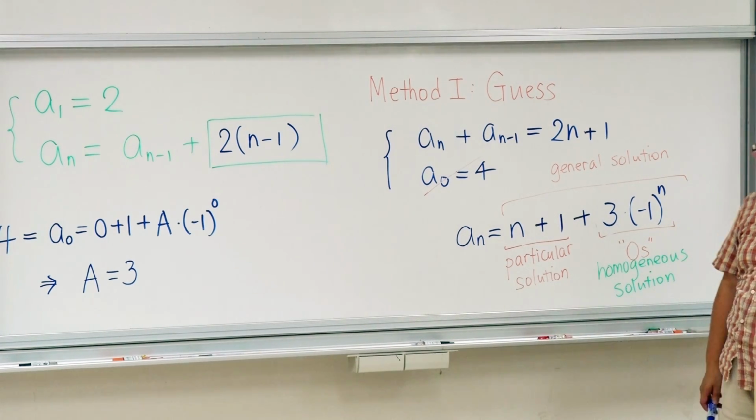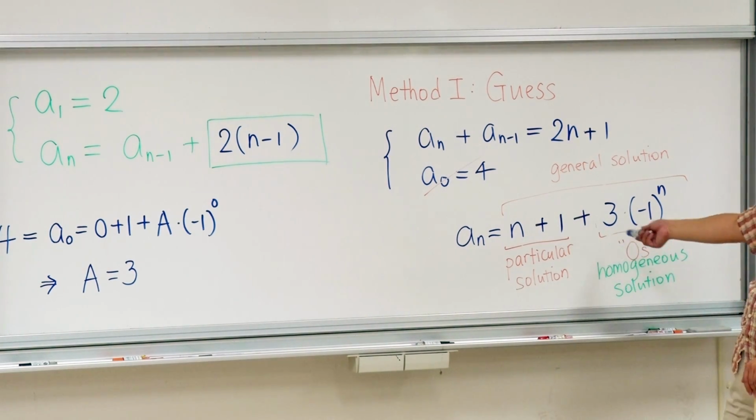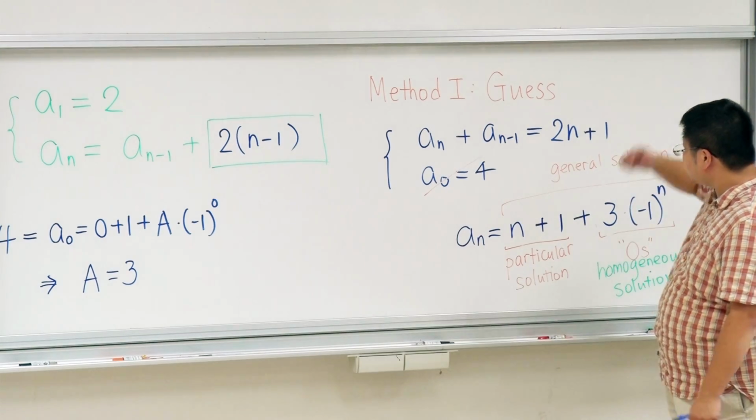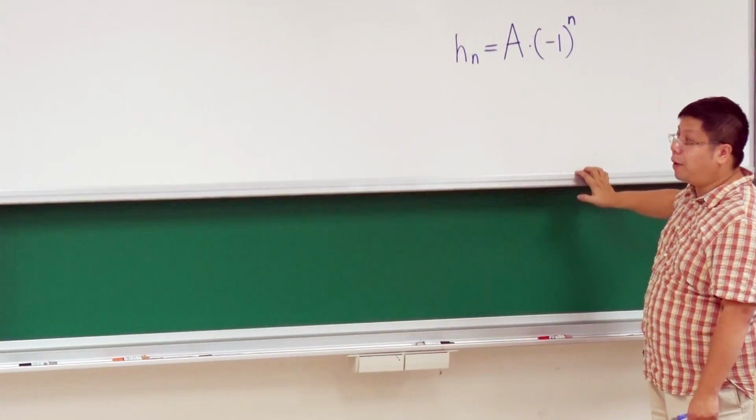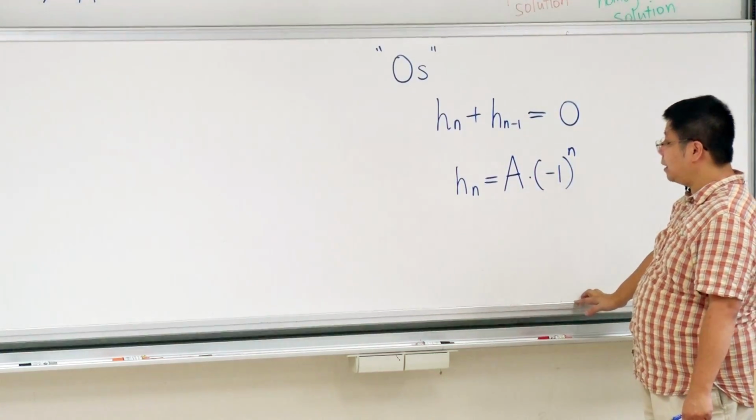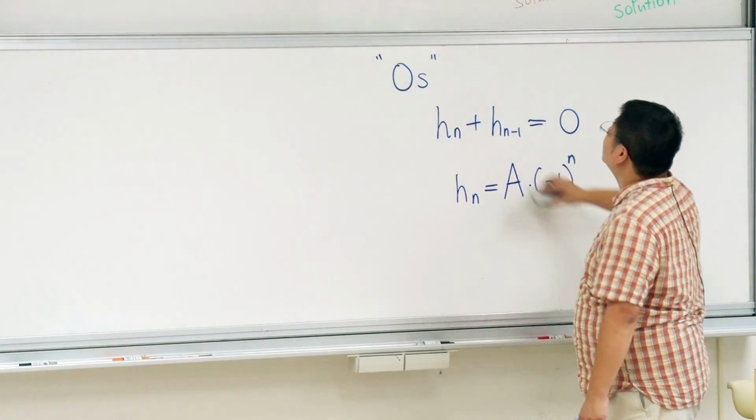And let's test. So maybe it's wrong, but let's test whether this formula fits. Okay? So we are claiming that a_n is equal to what?